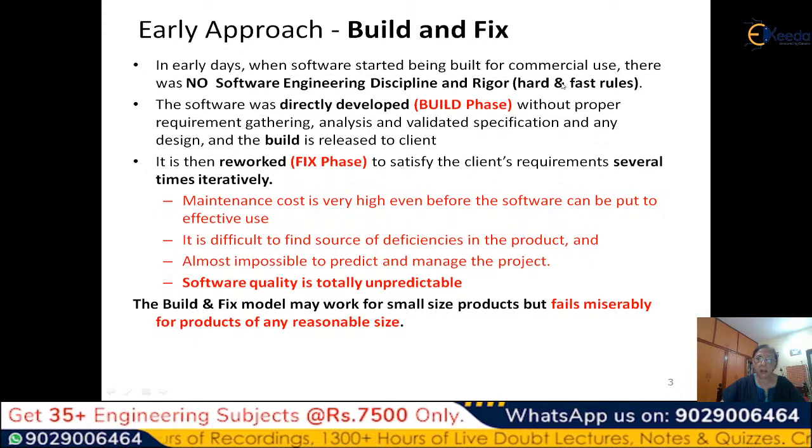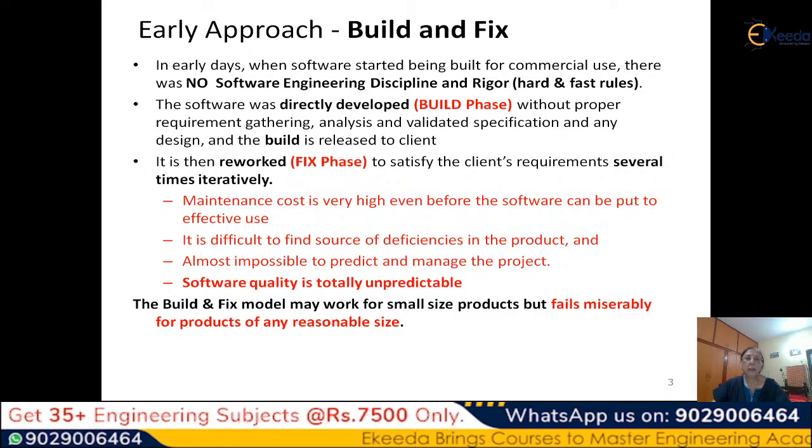It was not built up. So what used to happen is that they used to do something known as a build and fix. And in the build and fix, there will be two phases. The first one will be the build phase, and the second one will be the fix phase.